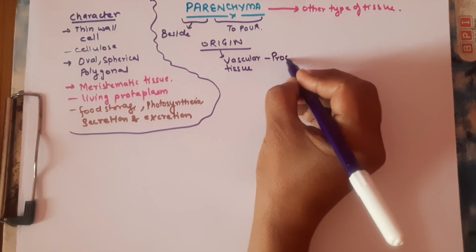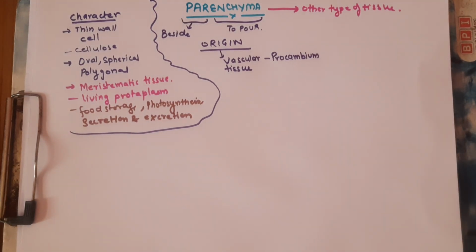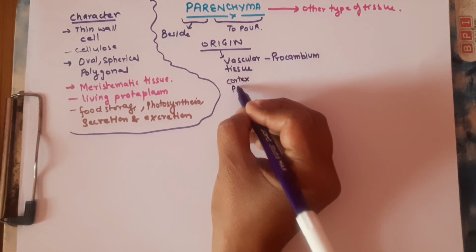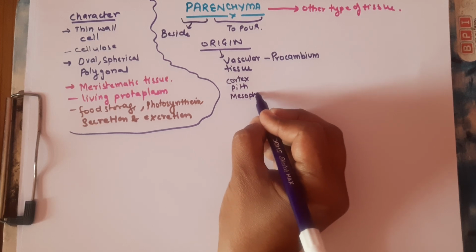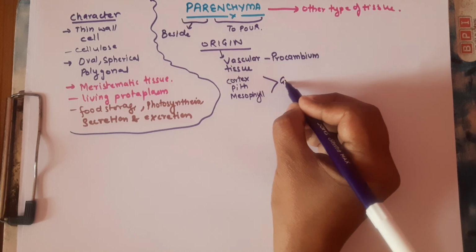And if you are talking about the cortex, pith, or the mesophyll parenchyma, then they originate from ground meristem.